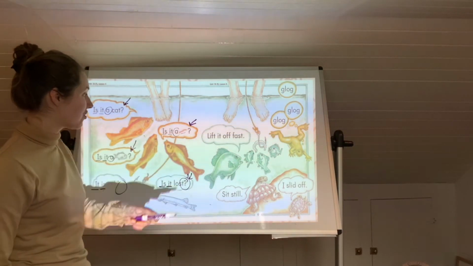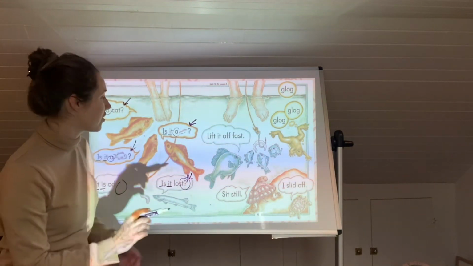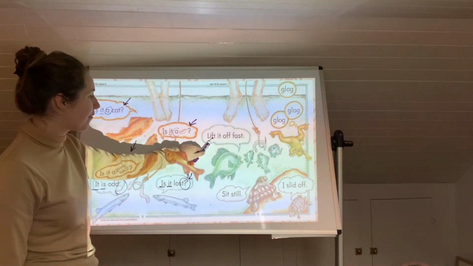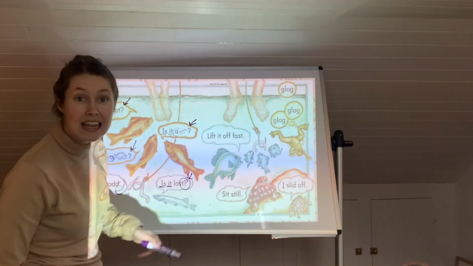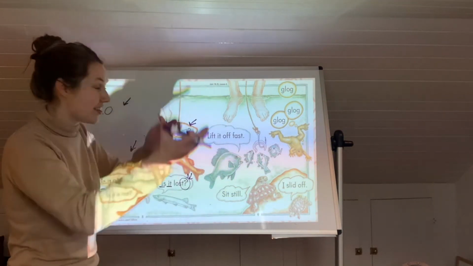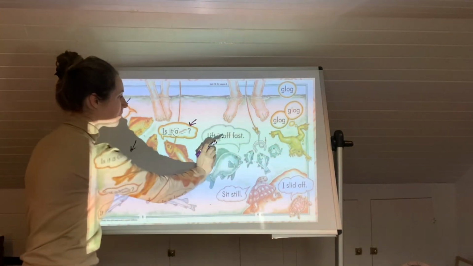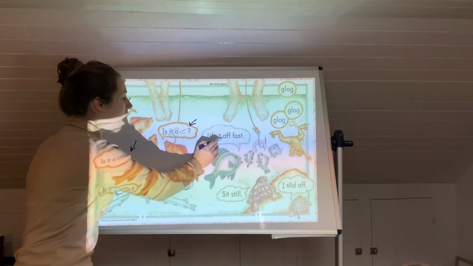And this fish says, and let's sound out this word that this fish is saying. Starts with letter L. Lift. Lift it. There's our memory word. Here's another good memory word that we're going to sound out though.